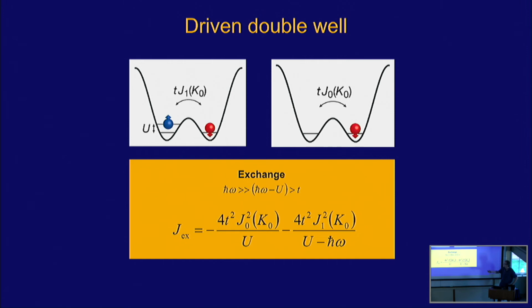If you have another site, you get this hopping process, which you drive, and you can be resonant either to the red or to the blue.